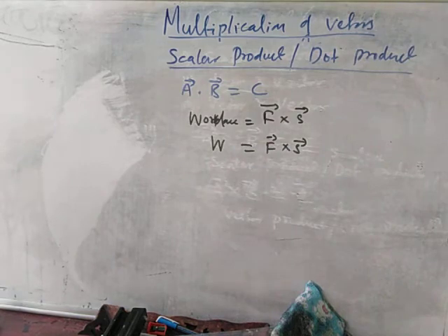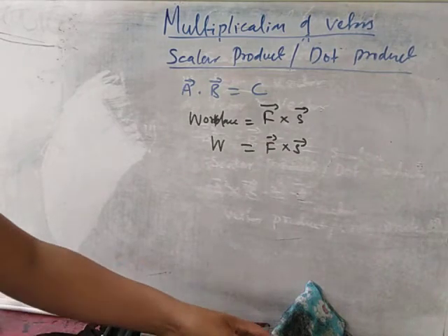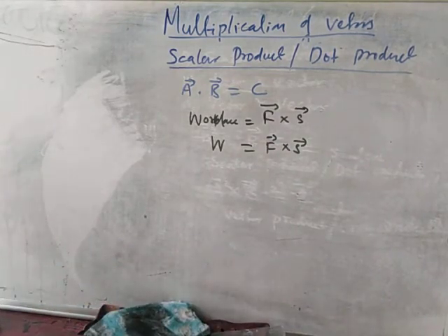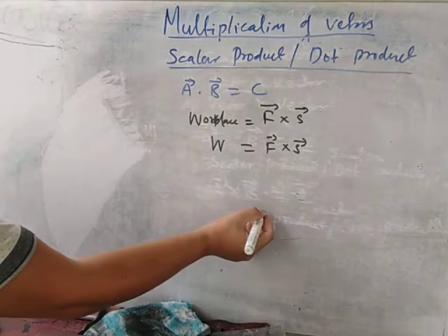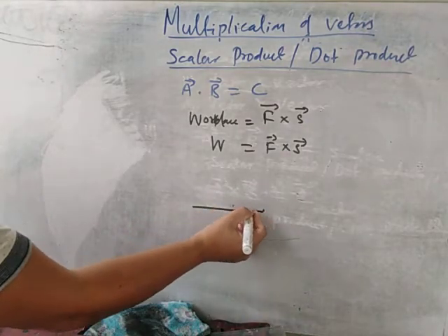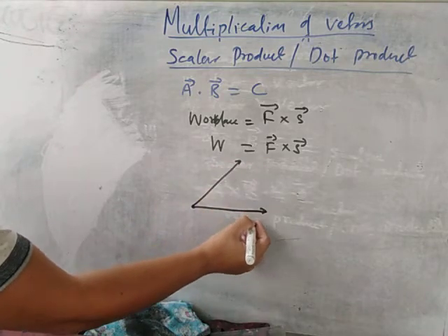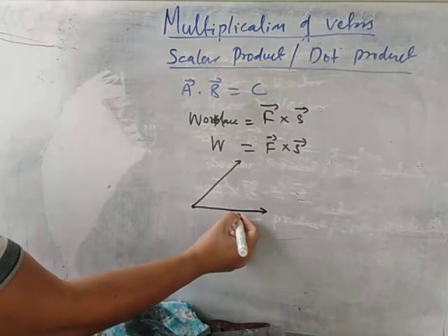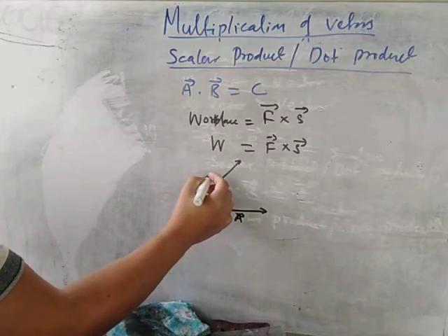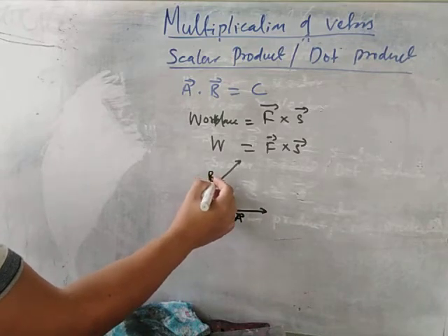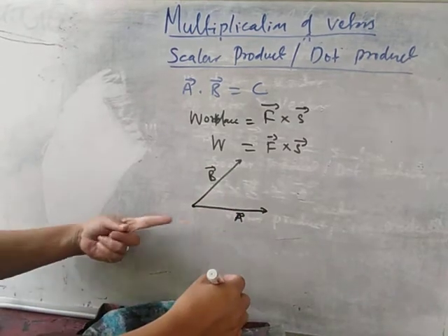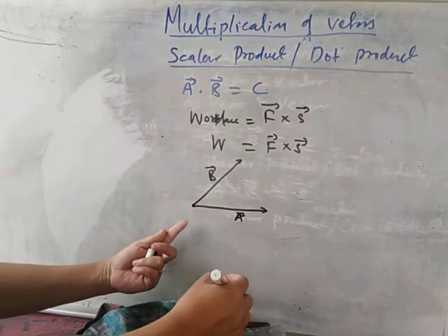Okay, clear? So what it says is that if this is your vector A, and this is your vector B, I'm applying the force in this direction and the body moves like this.